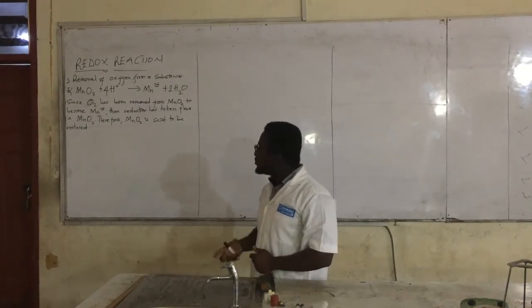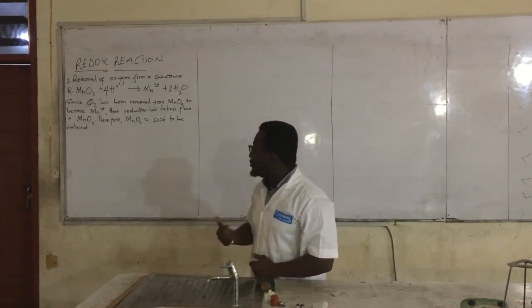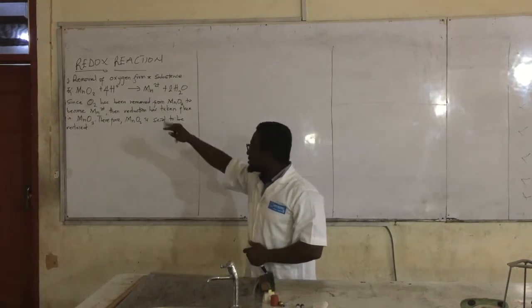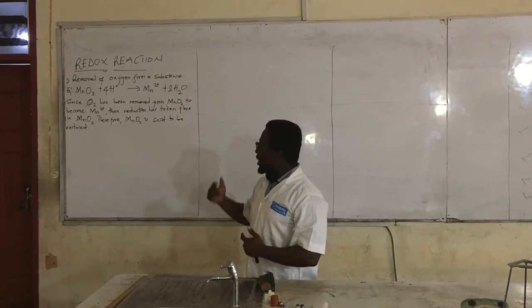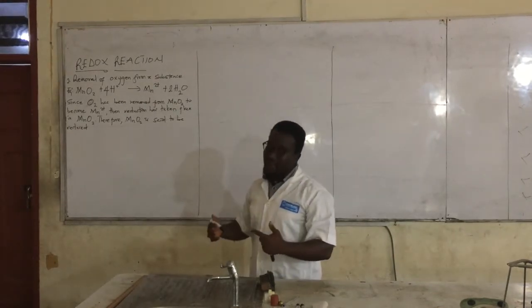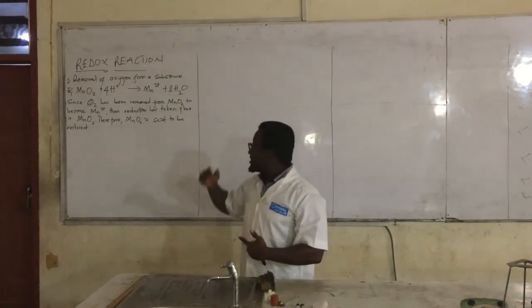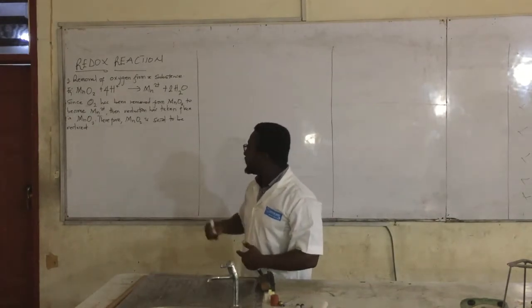Therefore, MnO2 is said to be reduced. So that is another way of describing the process of what? Reduction. That is the removal of oxygen from a substance.